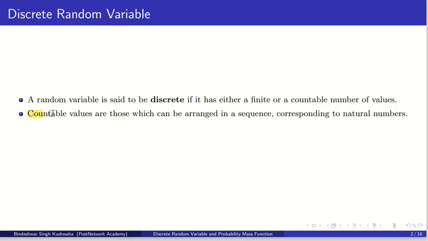Countable values are those which can be arranged in a sequence or put in one-to-one correspondence with the natural numbers. An example is the number of students present each day in a class. Finite.